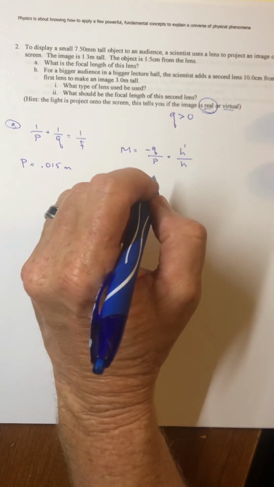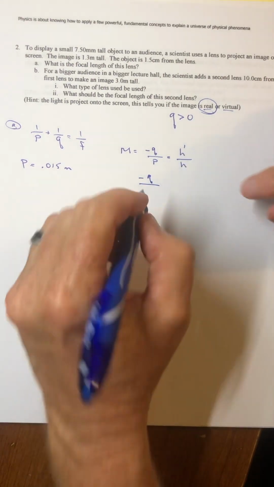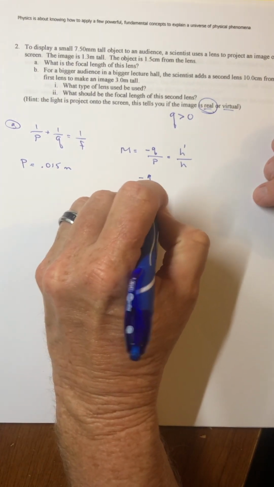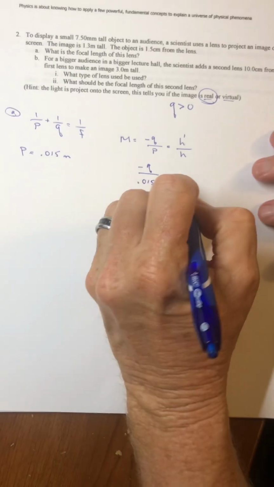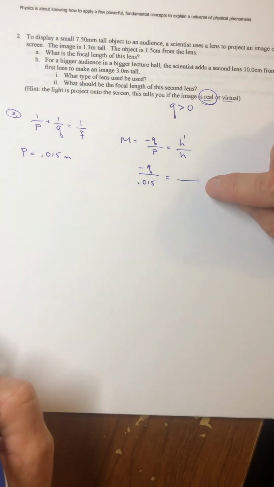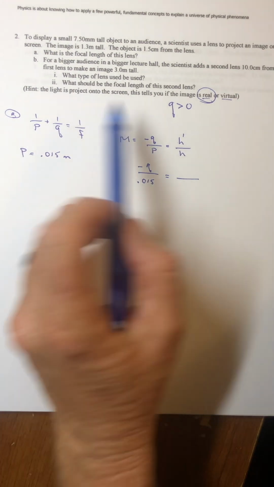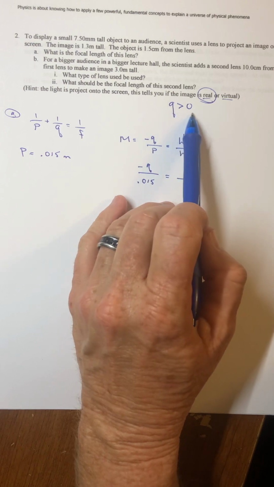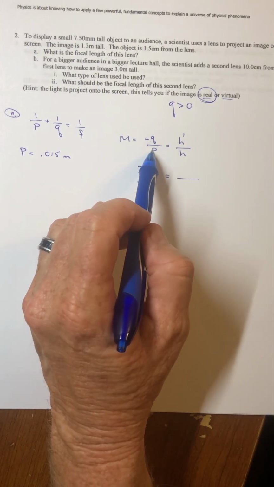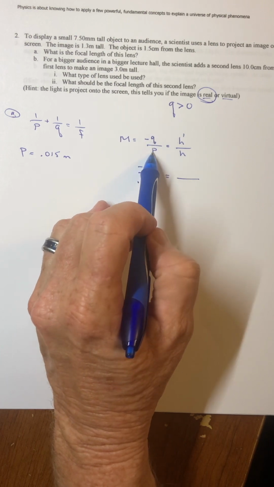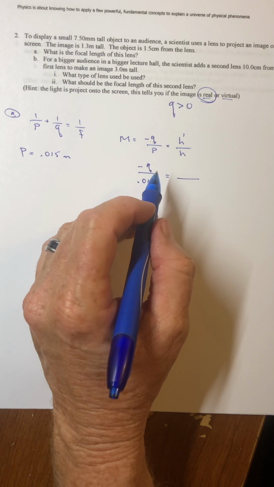And I'll put all that in there. So minus Q equals, and so P is the 0.015 that I mentioned. Here is where we're going to have to be really careful, because Q is greater than 0. And you can see here, if Q is greater than 0, with P greater than 0, the magnification should be a negative number.